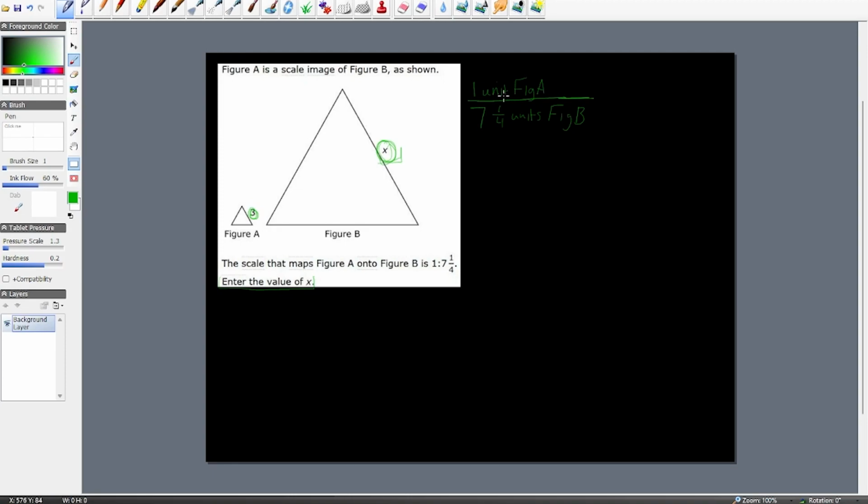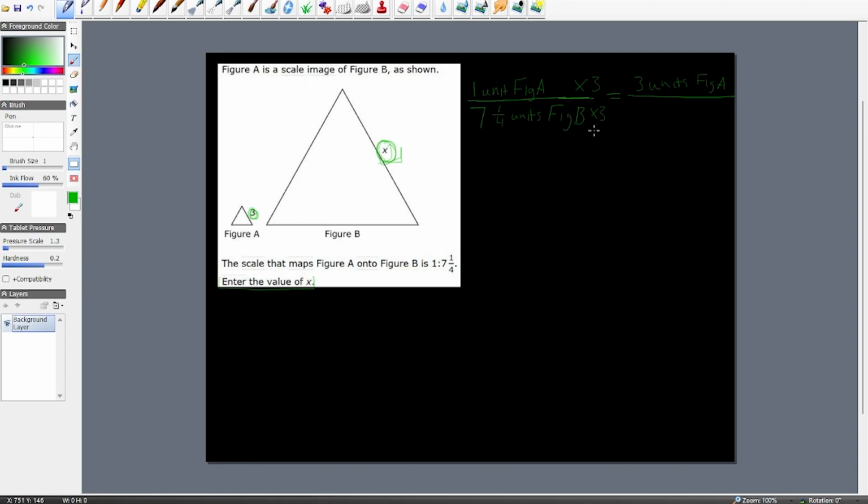Well, can't we just multiply this by 3? And that'll give us 3 units of figure A. And what you do to the top, you must also do to the bottom to keep the ratio equivalent. So this gives us 3 units figure A. And this bottom will be 7 1/4 times 3.